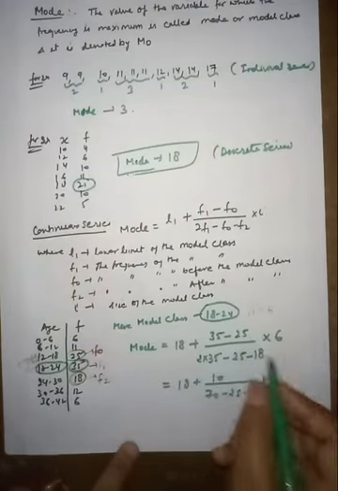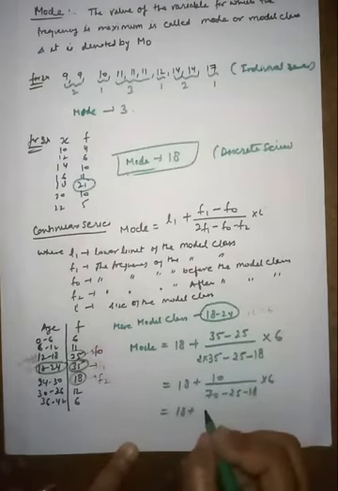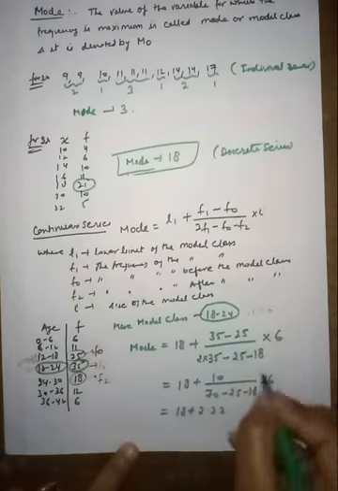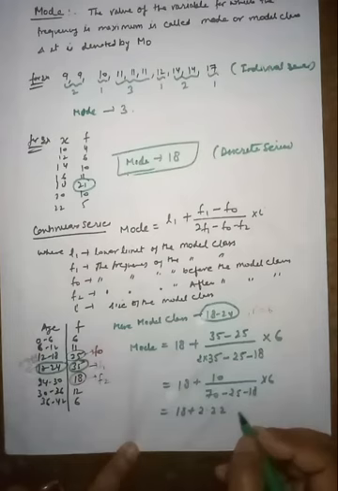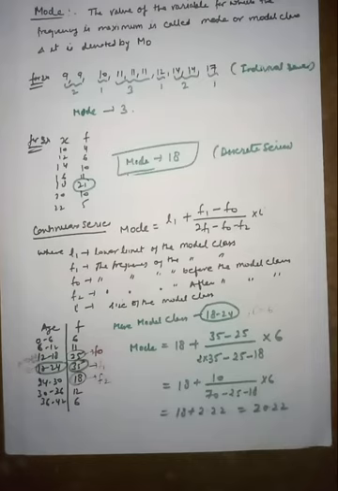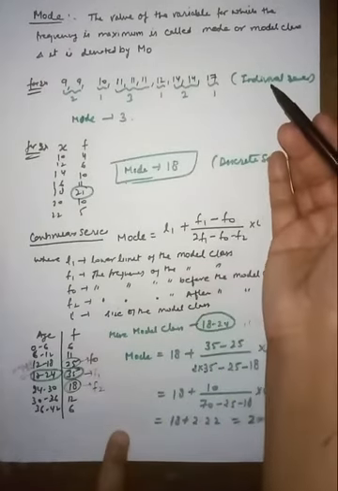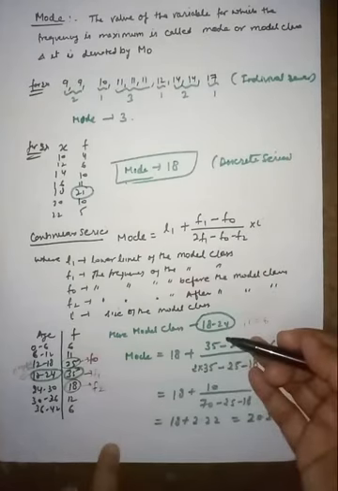By calculation, this value comes 2.22, and now the total value comes 20.22. So this is the mode of the continuous series. This is the way to find the mode of individual series, discrete series, and continuous series, right friend?